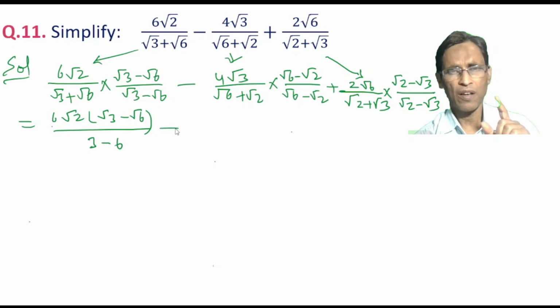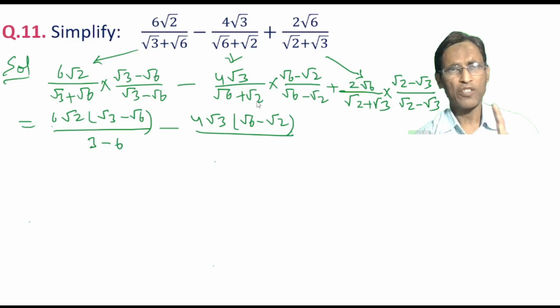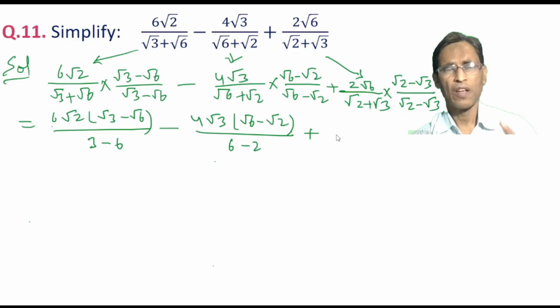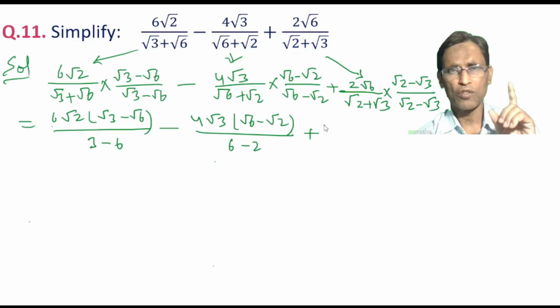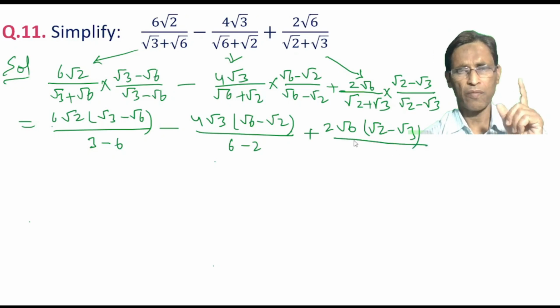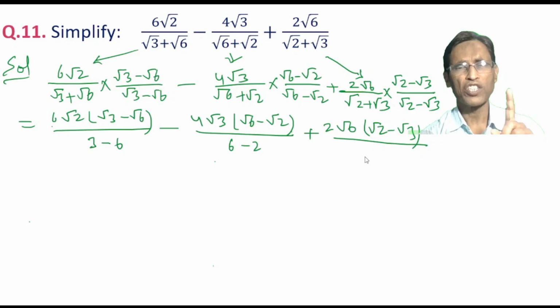Minus the second term comes 4 root 3 times root 6 minus root 2 by root 6 plus root 2 into root 6 minus root 2 means root 6 square minus root 2 square, and that is 6 minus 2, plus the product of third fraction comes 2 root 6 times root 2 minus root 3 by root 2 plus root 3 into root 2 minus root 3 gives root 2 square minus root 3 square means 2 minus 3.